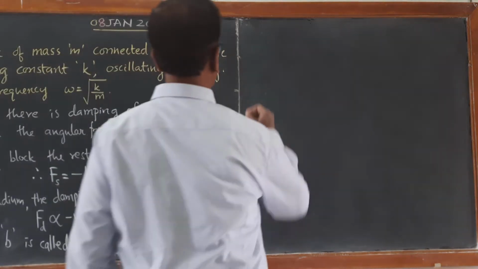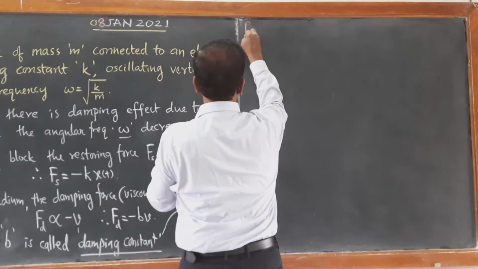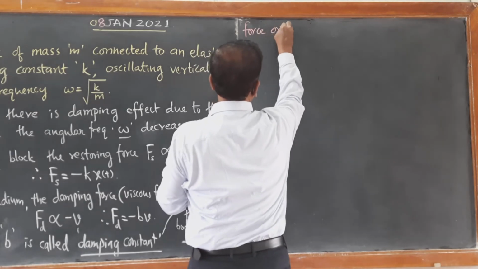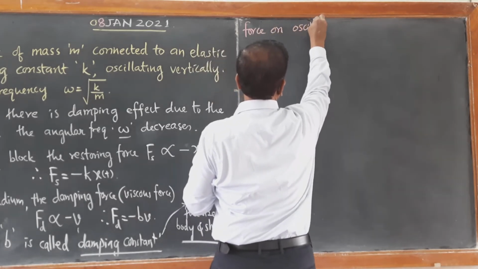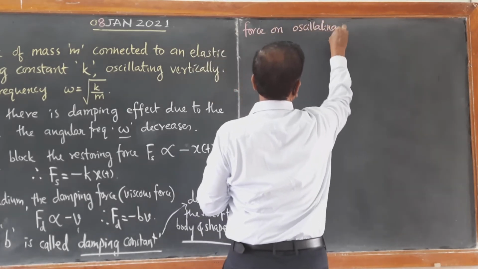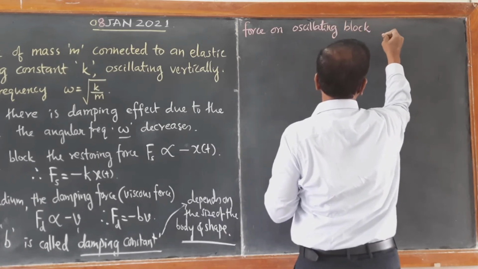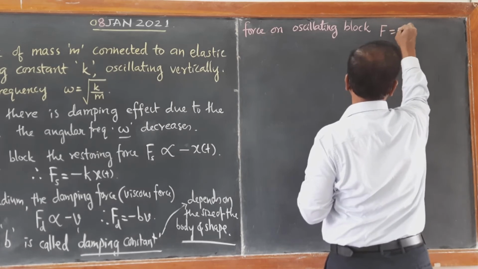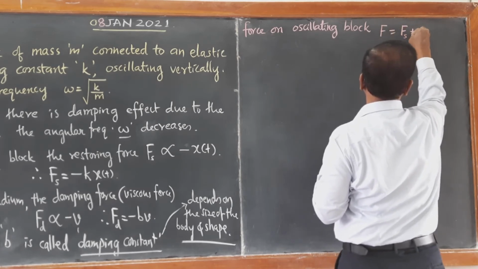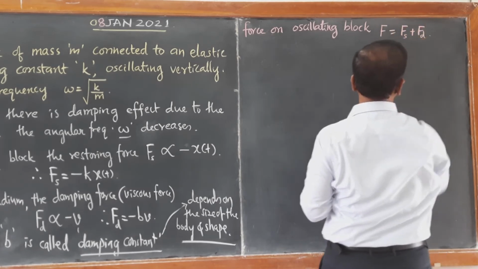Therefore, the total force acting on the oscillating body now becomes F equal to Fs plus Fd.